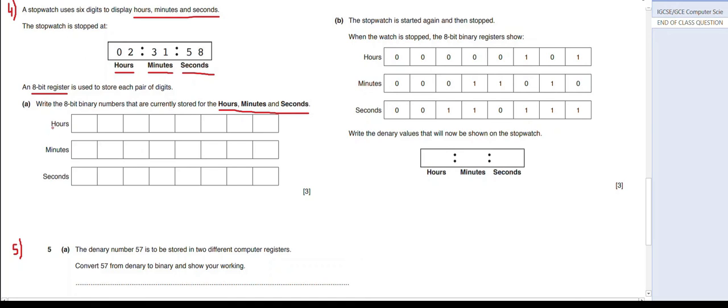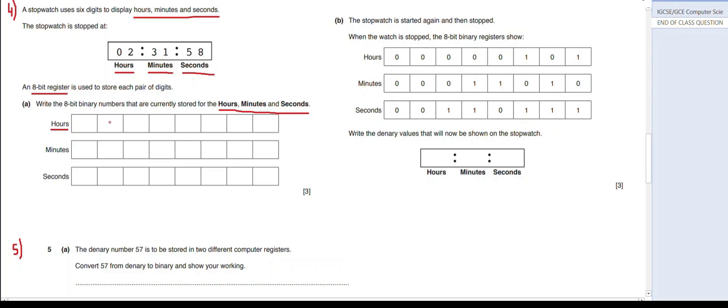So the hours is 2. How will we convert it to binary? Simple. We write the headings 1, 2, 4, 8, 16, 32, 64, 128, right?